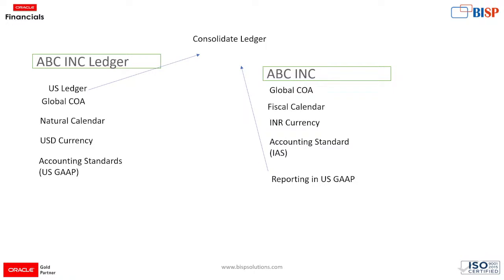And the GRC implementation, so governance, risk, compliance, is very important for any company whenever they implement the ERP. That is the foremost thing they require. And let's go to the next slide.